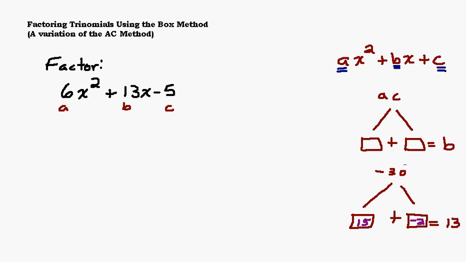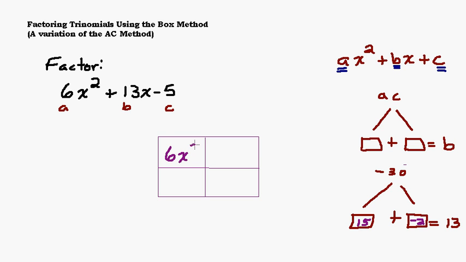So now I have all the information I need to set up my box. I would do it here, a purple one. We'll put a line this way and a line this way. In the upper left-hand corner is going to go my x squared term. In the lower right-hand corner is going to go my constant term.